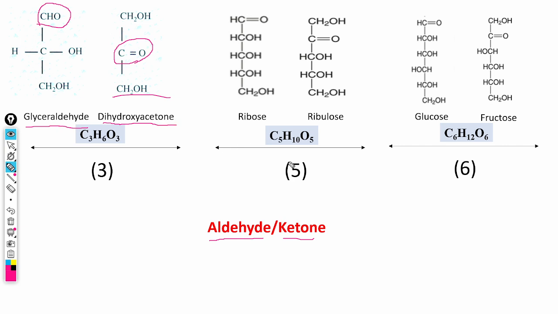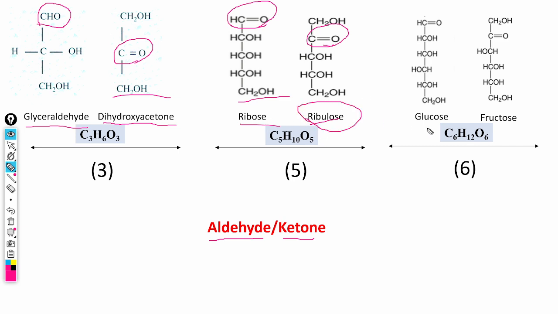Like that, this is the C5, or pentose. Ribose and ribulose both have the same formula C5H10O5, but they exist in two different forms: one in the aldehyde form, and another in the ketone form. The aldehyde form is called ribose, the ketone form is called ribulose.